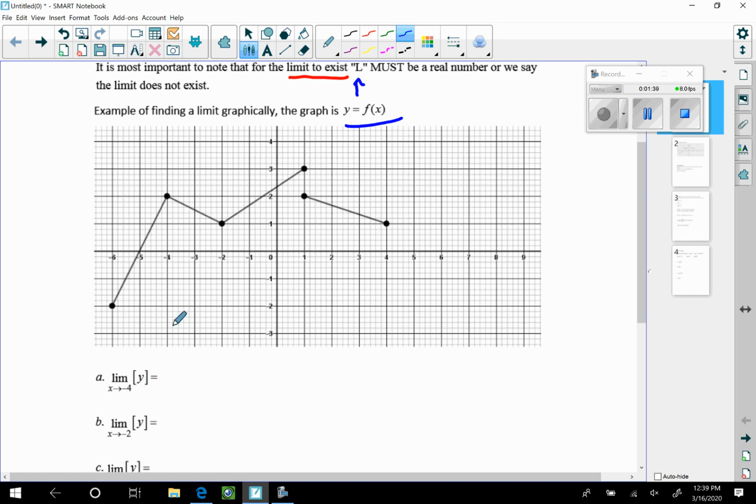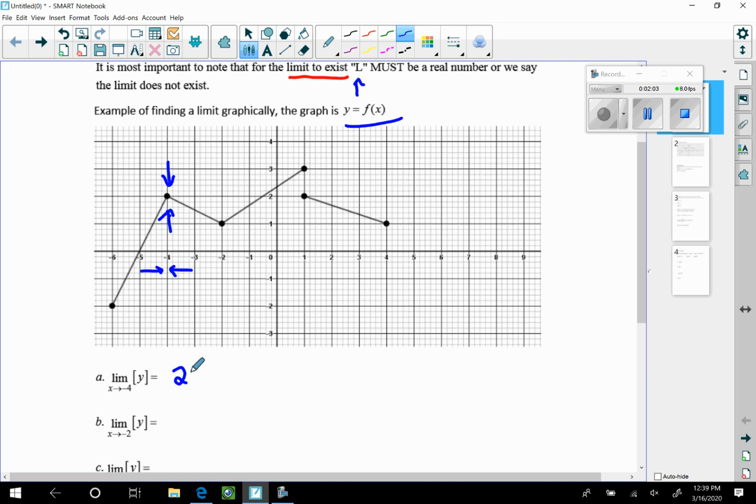So what you're asking yourself, as x approaches -4 from the left and from the right, what does the y value approach? Well, the y value approaches 2 from the top and the bottom. So we say this limit is 2.